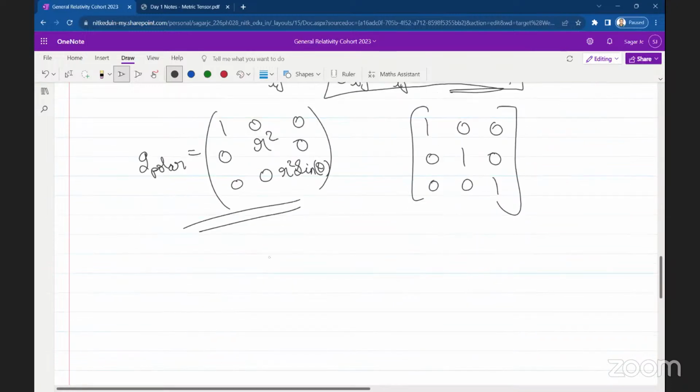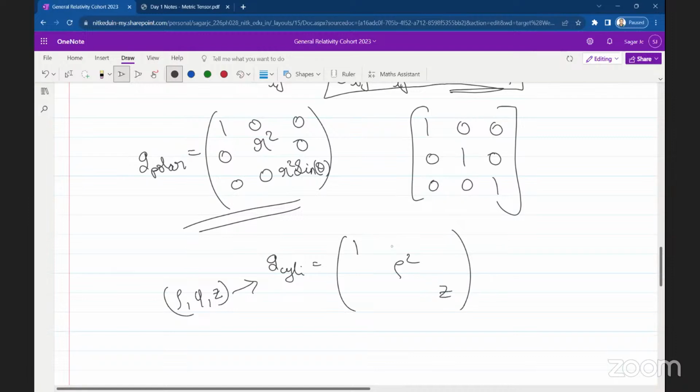For 3D cylindrical coordinates, I'll use the variables rho, phi, and z. For cylindrical coordinates, my metric tensor is 1, rho square, and z.